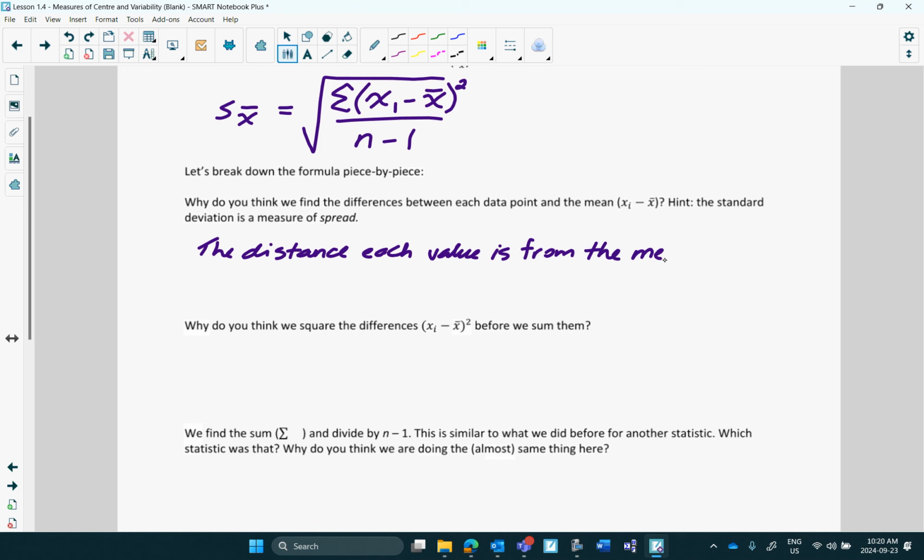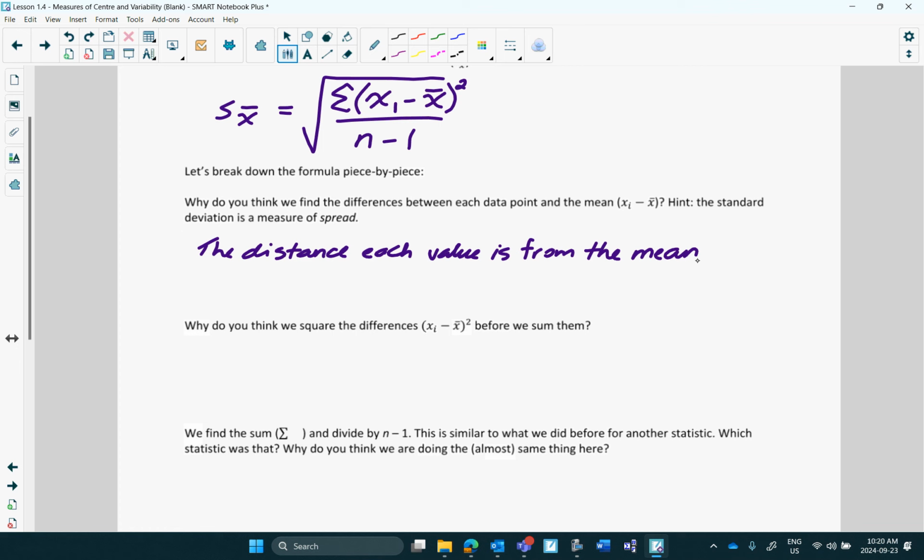That's fine. The only problem with that, though, is to find the average, if we're going to add all those distances up and divide by how many there are less 1, and I'll explain the less 1 in a second. Okay. How do we deal with negative numbers? Because some of them could be positive, some of them could be negative, right?